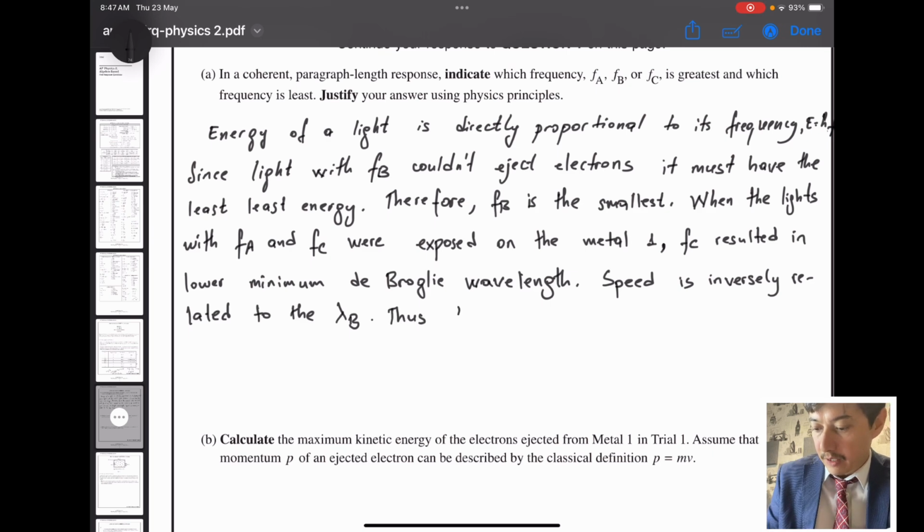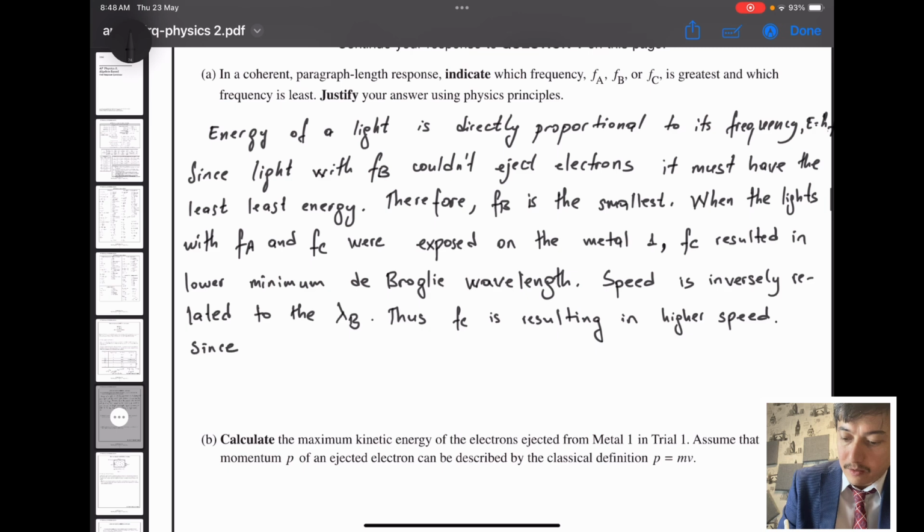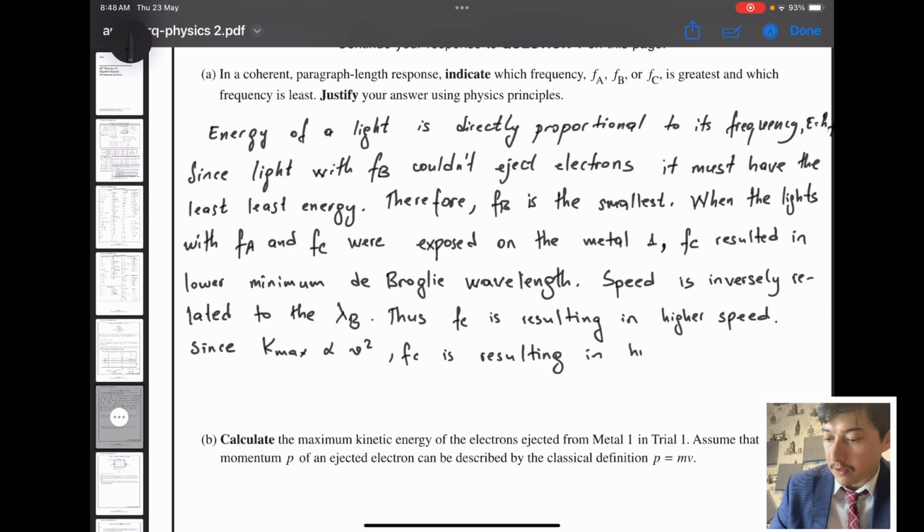Thus, Fc is resulting in higher speed, since K max is related to speed squared. Fc is resulting in higher K max too.